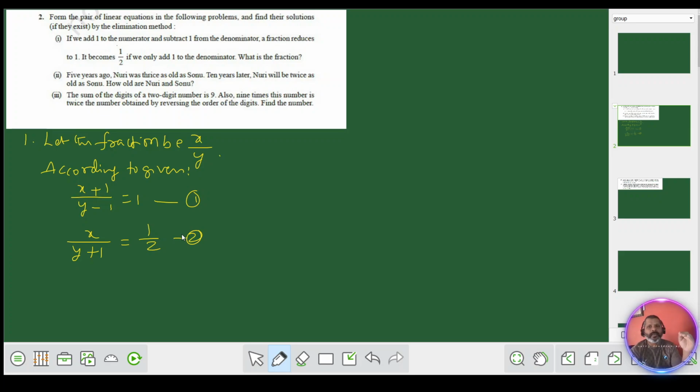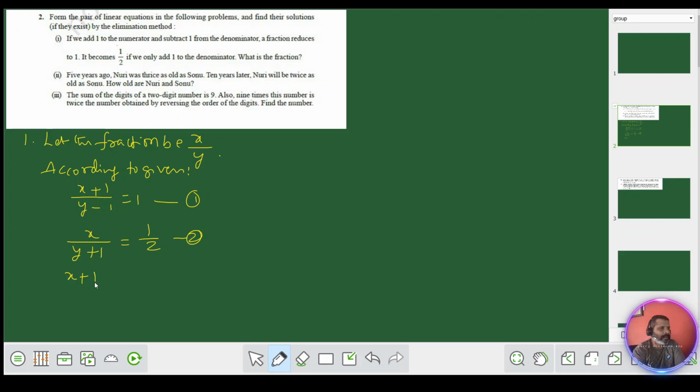If you get this much, then you are sure you will get 1 mark. Solve the equation properly by cross multiplying. Let's see. The first equation I'll start reducing to the standard form ax plus by plus c. I'll cross multiply the first equation.